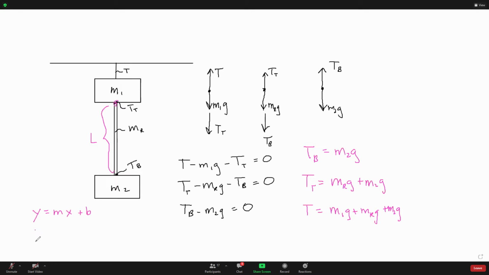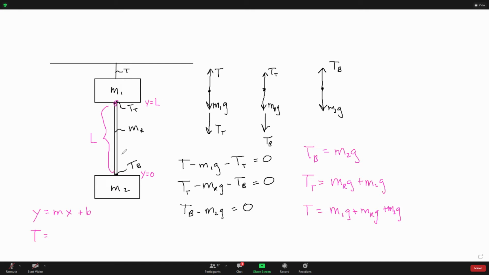So the tension in the rope is equal to the slope times the position, and I have to define a coordinate system here. So let's say that y equals 0 at the bottom of the rope and y equals L at the top of the rope.